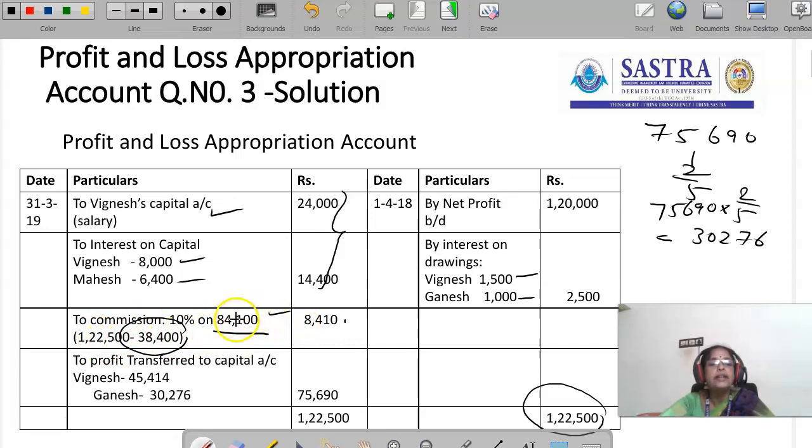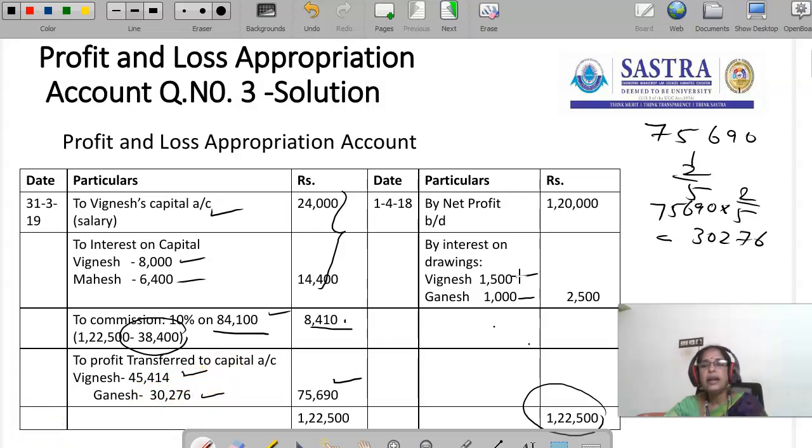So 10% of 84,100 is 8,410. So 1,20,000 is net profit, and interest on drawing is 2,500, making 1,22,500. From 1,22,500, if we deduct 24,000, 14,400 and 8,410, we will get 75,690. That should be shared between Vignesh and Ganesh. Vignesh will get 45,414. Ganesh will get 30,276.